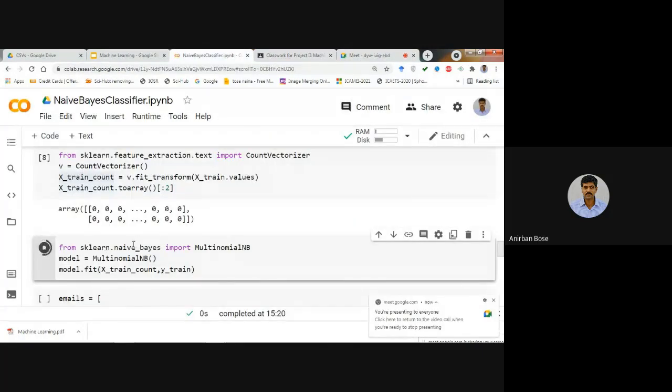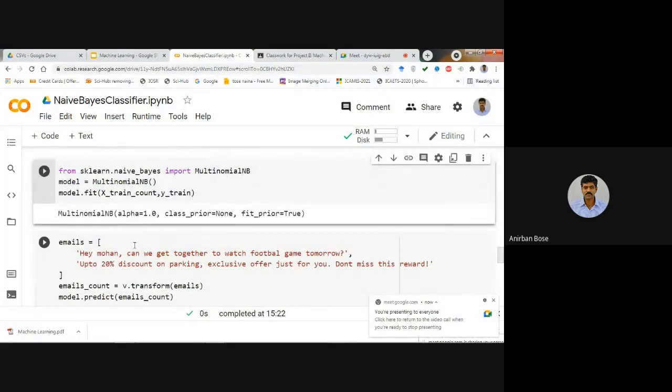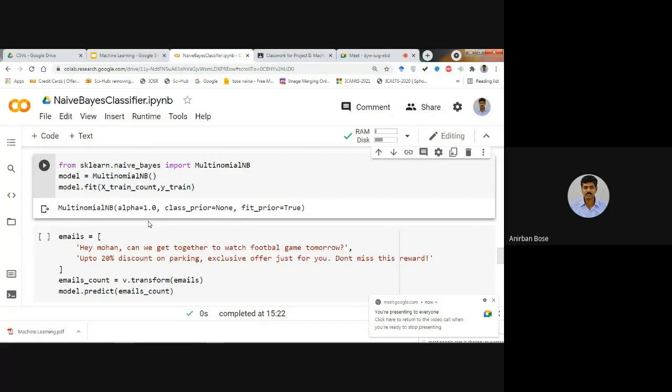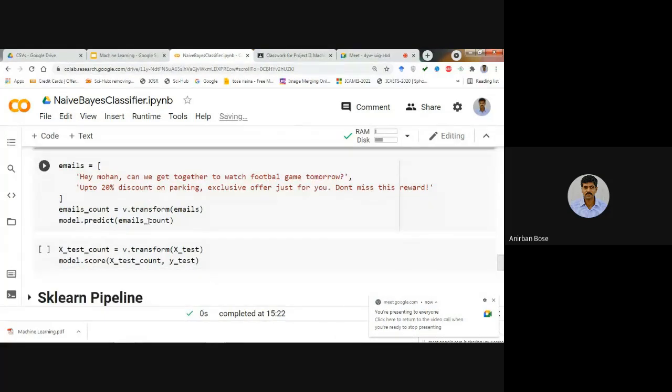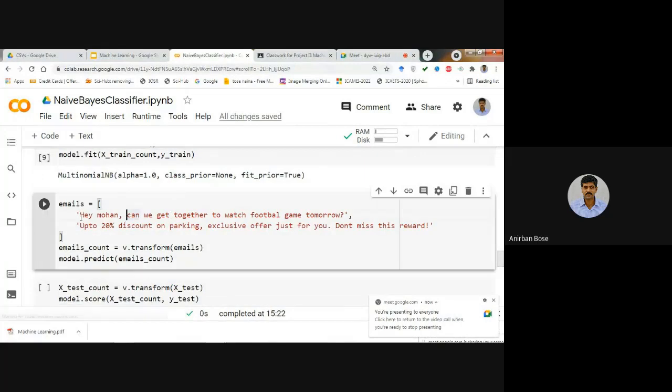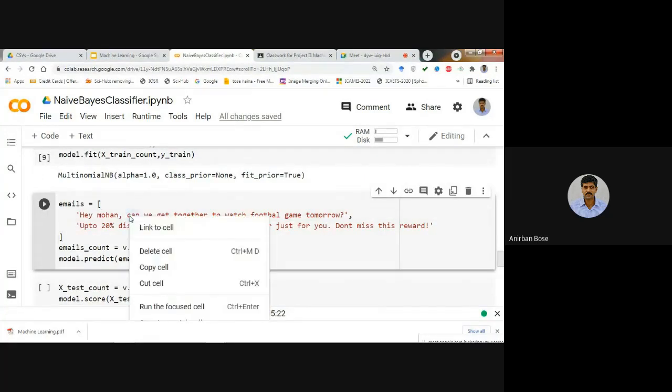Okay, so now if you execute that, you see that one of the hyperparameters, as I mentioned, alpha equals 1, is taken. So you know what the meaning of alpha equals 1 is. Okay, so your model is now prepared. So finally what you have to do is check whether it is performing well or not. And for that, let us consider this one email, or actually two emails.